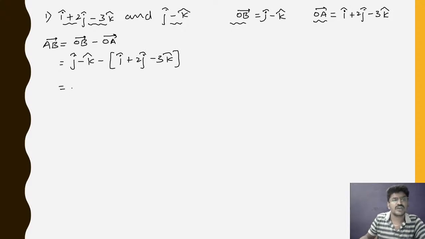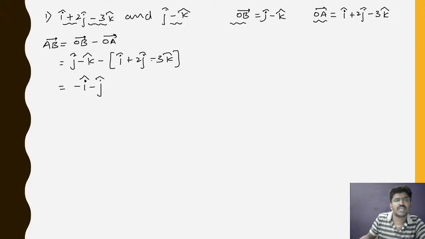Clear? Therefore, this is equal to j cap minus, here j cap is how much? 2. Minus into plus is minus, so minus 2. Here you have 1. Here you don't have i, that is 0. 0 minus 1 will be minus i cap. 1 minus 2 will be minus j cap.